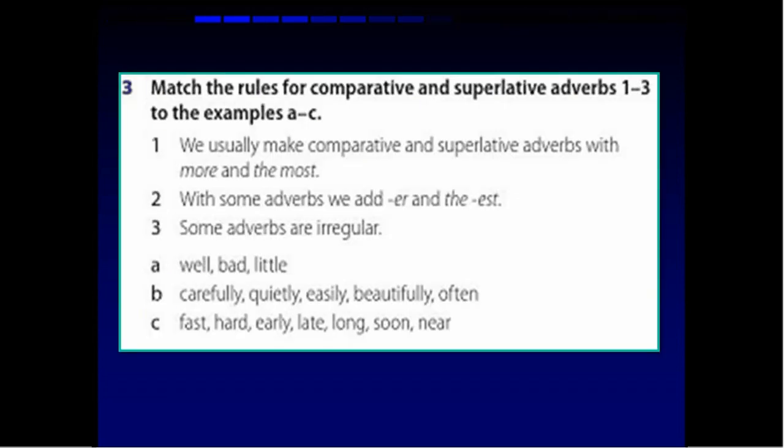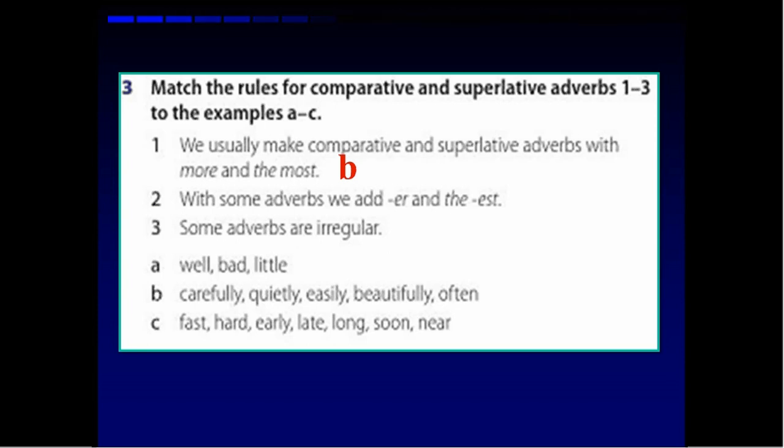Exercise number 3, match the rules for comparative and superlative adverbs from 1 to 3 to examples A to C. For example, we usually make comparative and superlative adverbs with more and the most. Which one is suitable to this point? Right, B. Carefully, quietly, easily, beautifully, often.